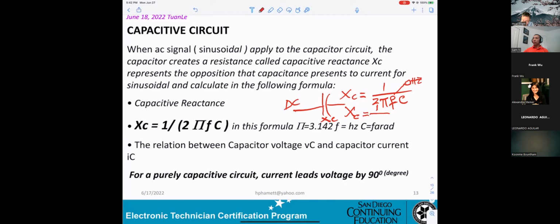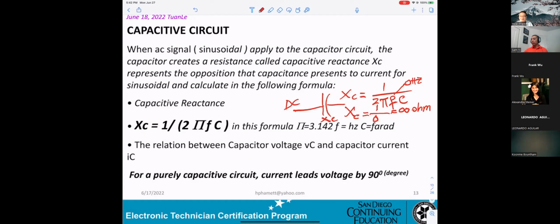So 0 times anything will be 0, so it will be 1 divided by 0. The math shows you 1 divided by 0 is equivalent to infinity.